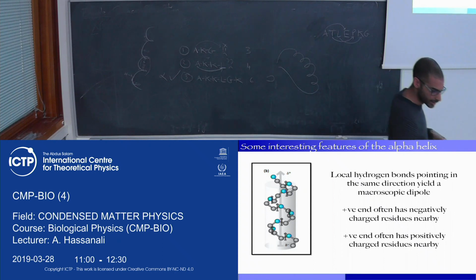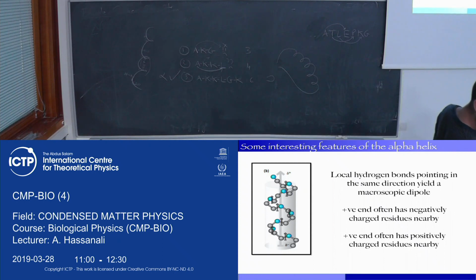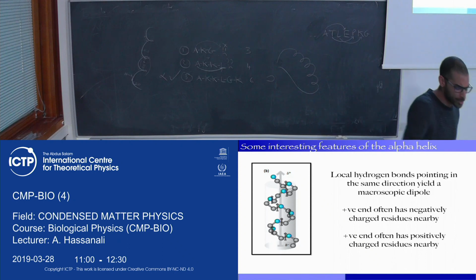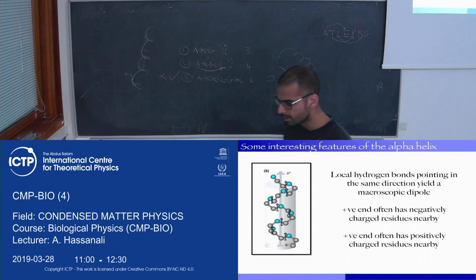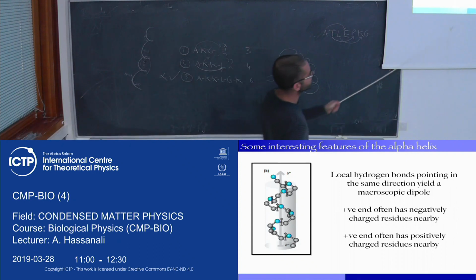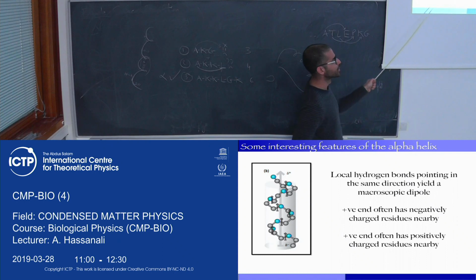So that's one point. For example, if you look at a protein structure, you see an alpha helix, and you happen to find some positively charged residues around this end of the helix. Well, that should not be surprising.